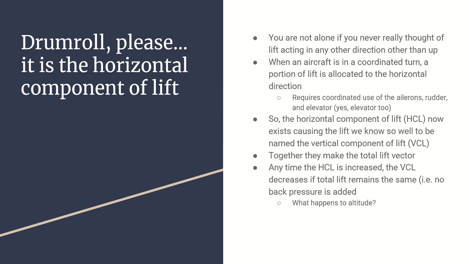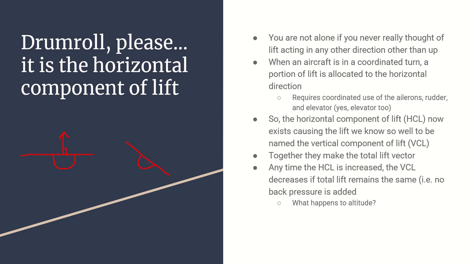So if I draw what I'm talking about here, I'll get my pen. If we're not in a turn, if we're straight and level, this is what the wings look like. And where'd my wings go? There we go. Okay, and the lift acts like this, because it is perpendicular to that surface that's creating the lift. But if we enter a turn, we've got the wings looking like this, and then here's our aircraft body.